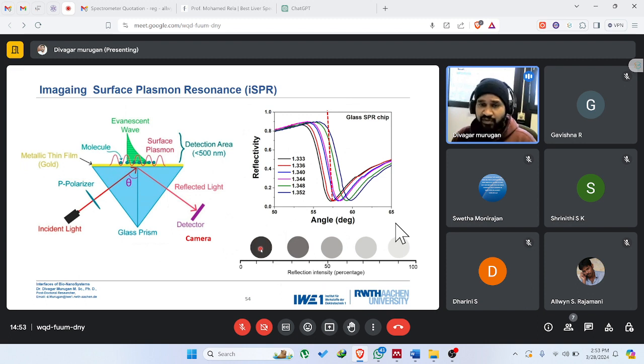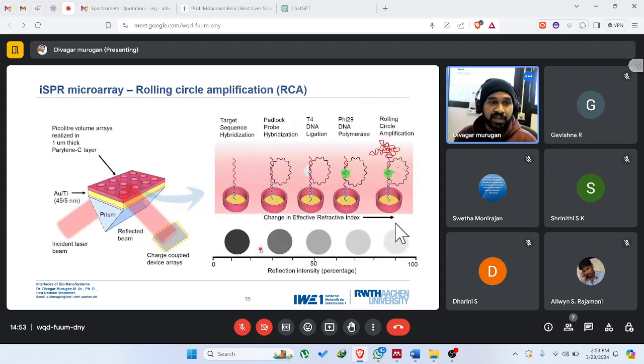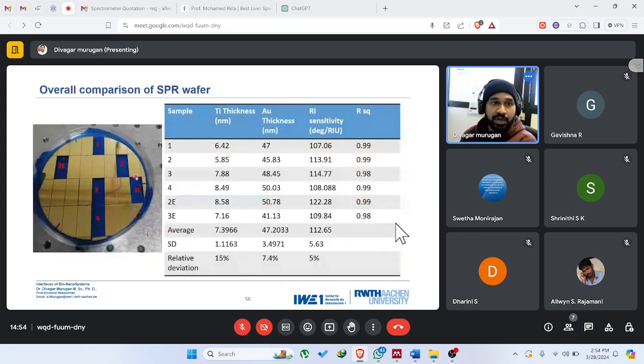This forms the basis for the iSPR or a multiplexed iSPR system that we are building here. And the assay that I have mentioned before, the rolling circle amplification, this is how it works. By putting different target DNA molecules, you will be able to amplify each of these wells and then detect each of these wells using the machine learning platform.